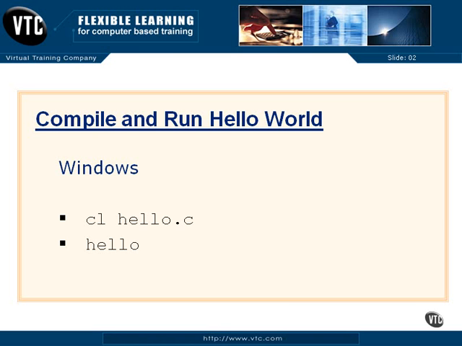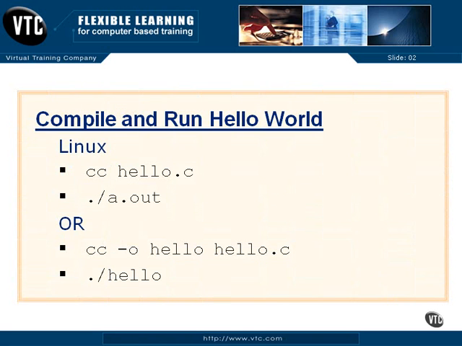Now let's move on to our next slide here. And we're going to do the same thing, compile and run hello world in the Linux environment. And in Linux, we have two different ways that we can do this. One is with the cc hello.c. That's our C compiler. Remember, that's the same place as the GCC or G++ that we looked at.